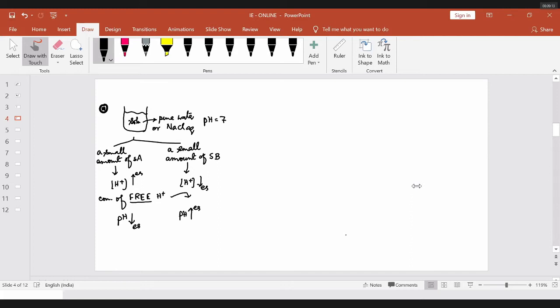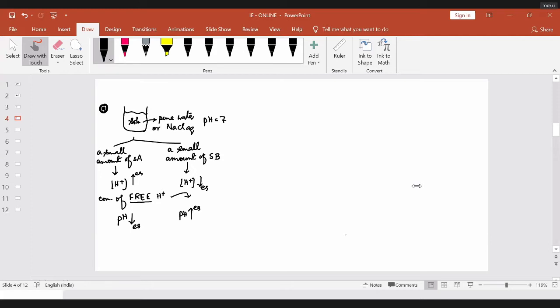Similarly, suppose you are adding a small amount of strong base, because of OH minus ions, again what happens? H plus ion concentration decreases and pH value increases. Fine. This means to say we have taken 3 examples. One solution whose pH is less than 7, say pH equal to 4. One solution, pure water, pH is equal to 7. And an aqueous solution of sodium chloride, there also we have pH equal to 7.